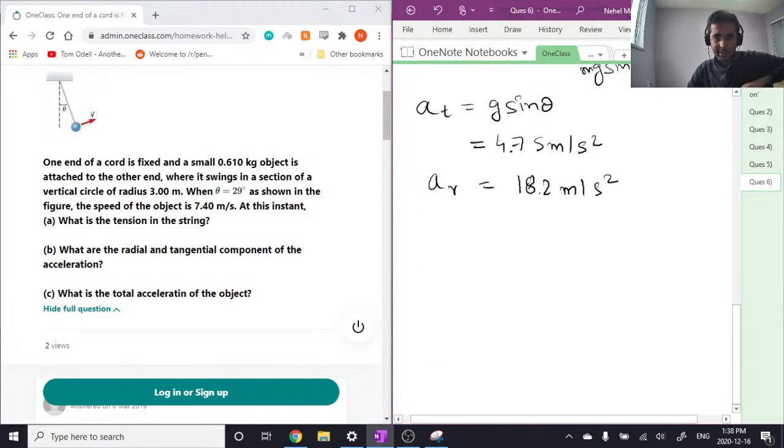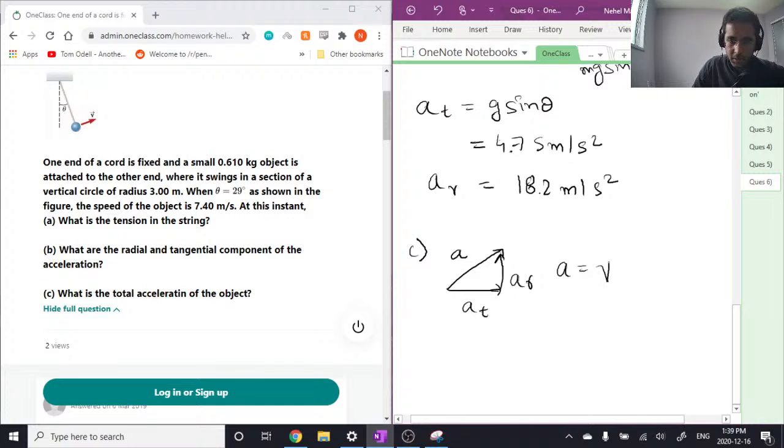For the next part, it's asking what's the total acceleration. So for part C, we need to get the total acceleration. If you remember, the rule for vectors is that if you have two vector components, in our case AT and AR, the third component A can just be given by the Pythagoras rule. So A would be equal to the square root of AT squared plus AR squared.